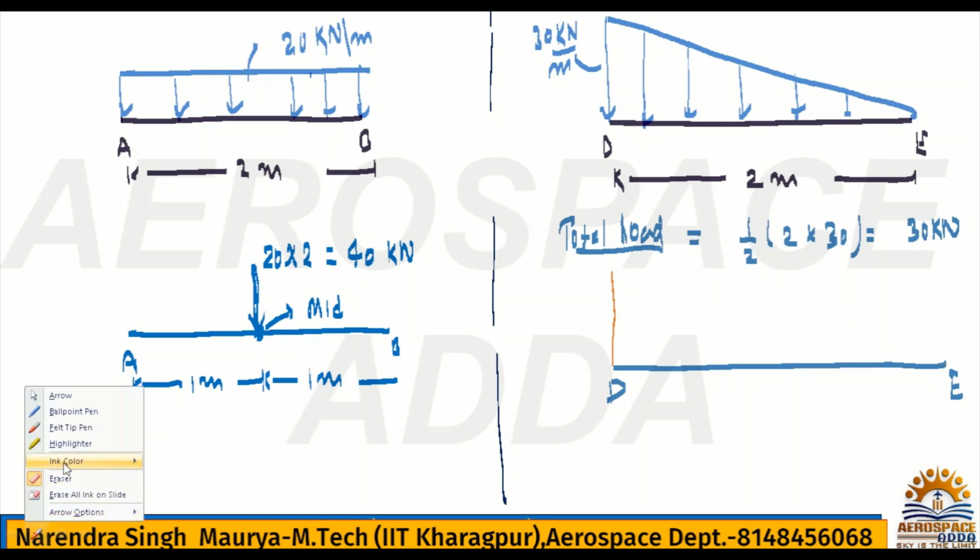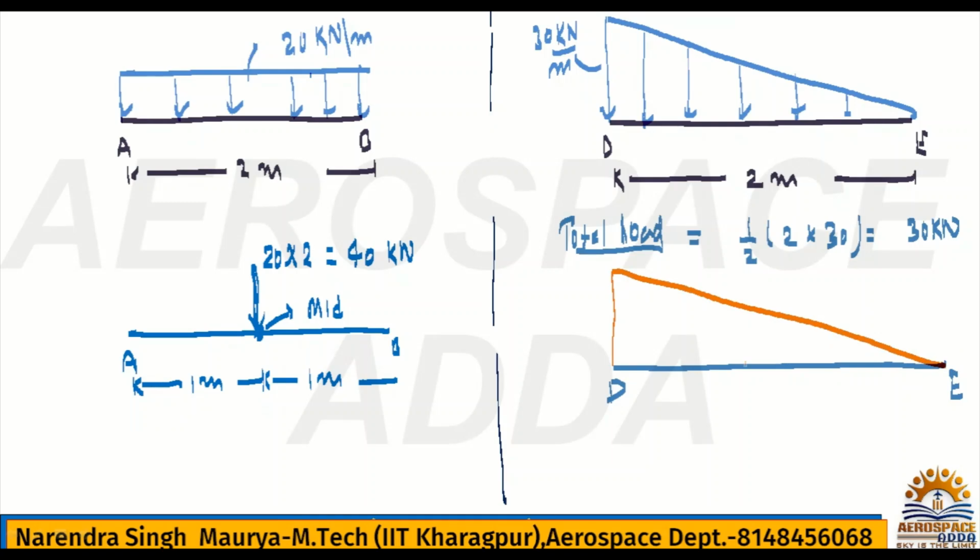For this triangle, the centroid is at CG. The location from this side is h by 3.